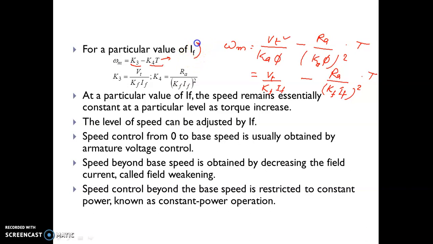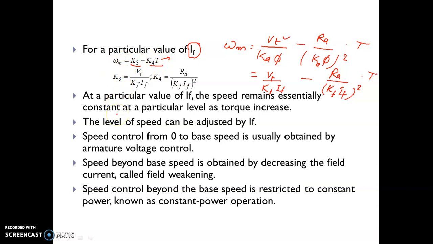If you keep this value constant and apply more torque, the speed will increase. At a particular value of IF, the speed should remain essentially constant as torque increases, but mathematically here you see, if torque is increasing, speed is also increasing.